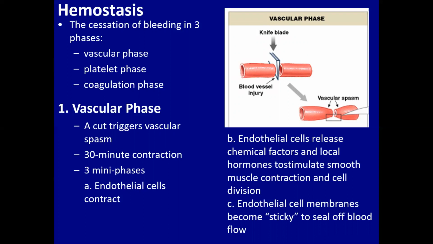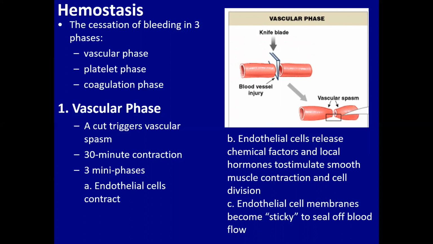So if you look at the image, you see that there has been a vessel that has been cut, right? And so not only are we trying to work with what is going on within the blood vessel, but we also have to think about what's going on with the vessel itself, because we have to repair that vessel.